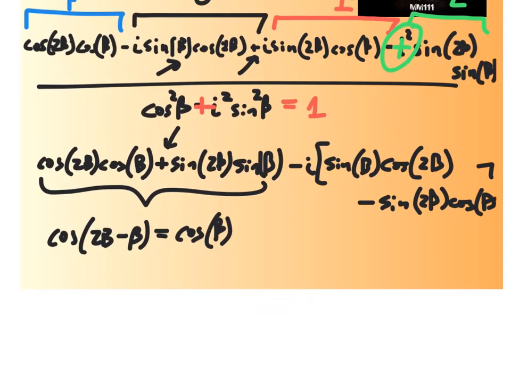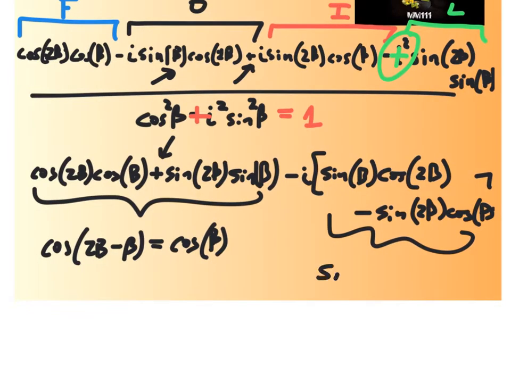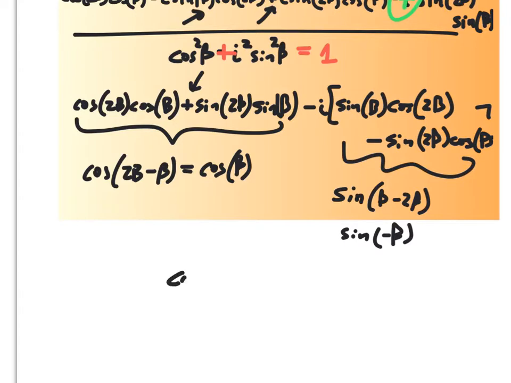All right, over here I have what would be the sine of the first angle minus the second angle, and that would come out to be sine of negative beta. So what we have in turn is cosine of beta minus i times the sine of negative beta.